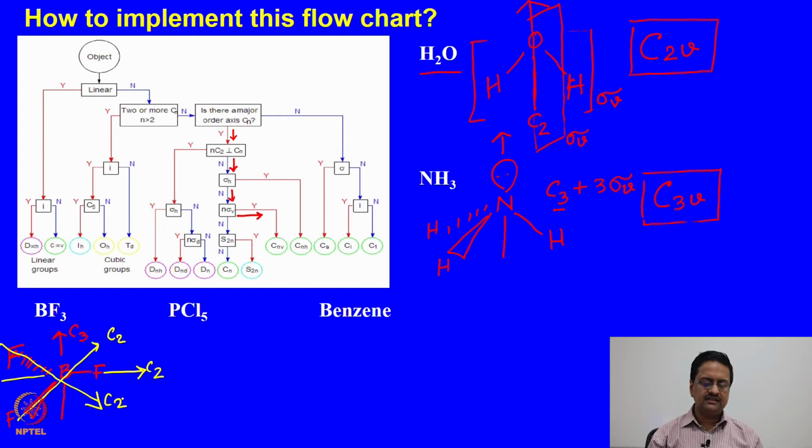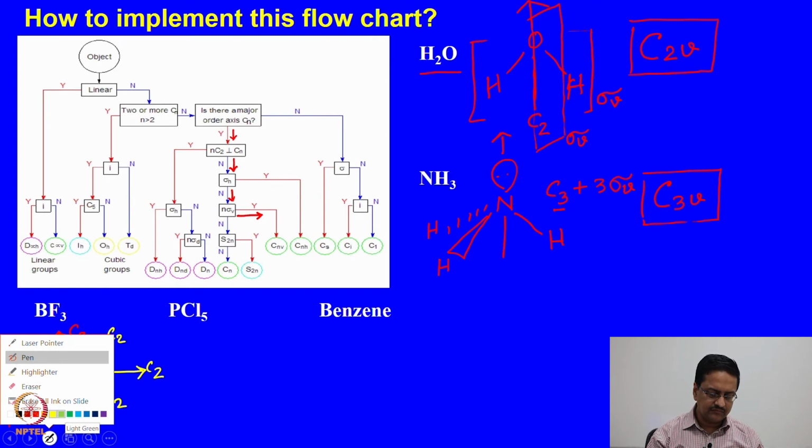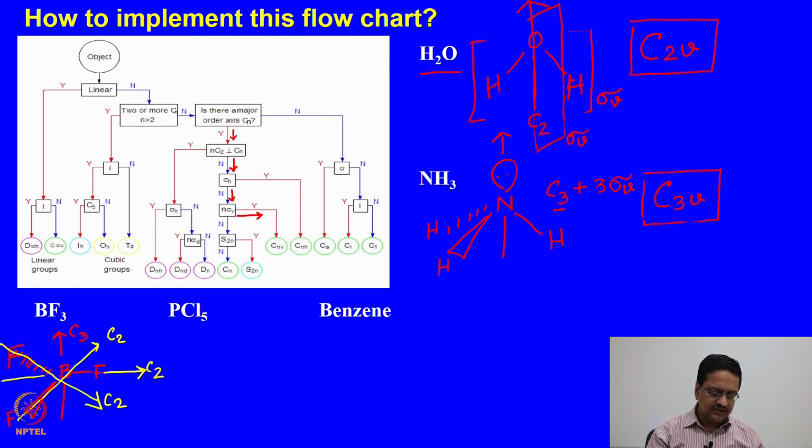So, the next question is, does it have sigma h? That means, is there a mirror plane perpendicular to the C3 axis? In this case, yes, the molecule has a sigma h that we have already seen in the previous class. The molecular plane is the sigma h.